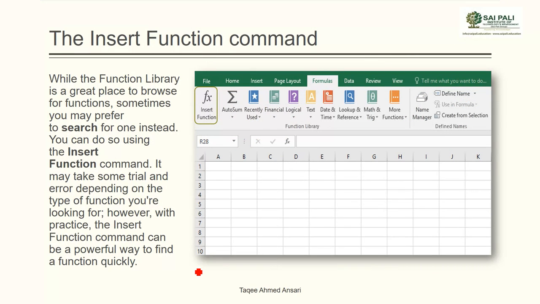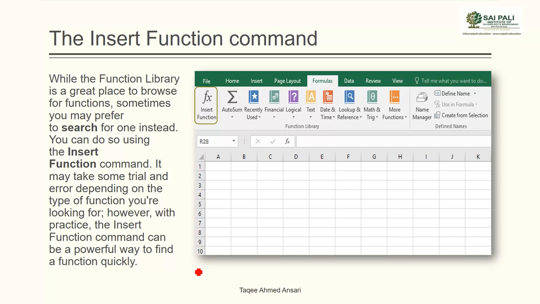Now the next thing is the Insert Function command. This is an interesting command. While the function library is a great place to browse for functions, sometimes you may prefer to search for one instead. You can do so using the Insert Function command.